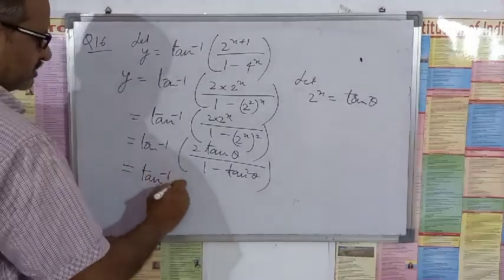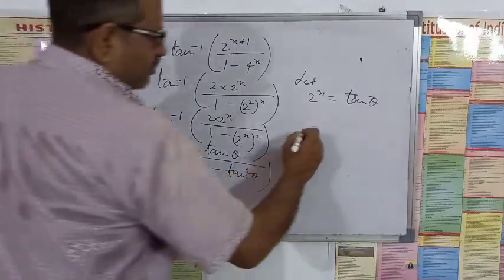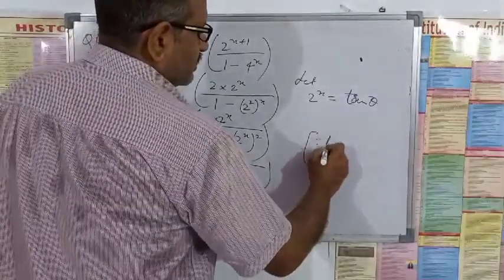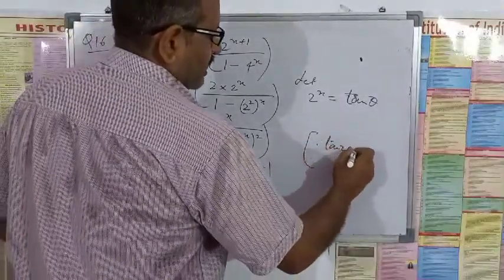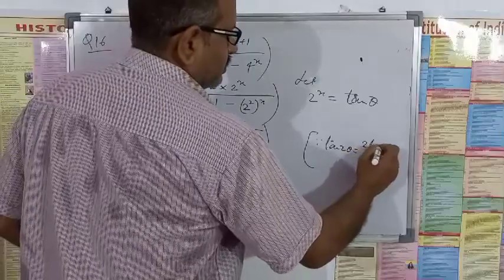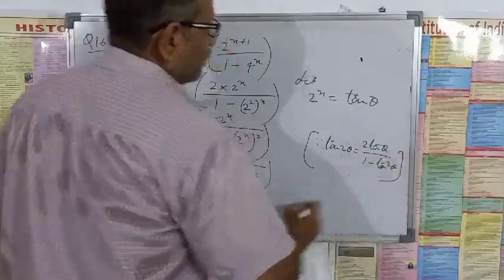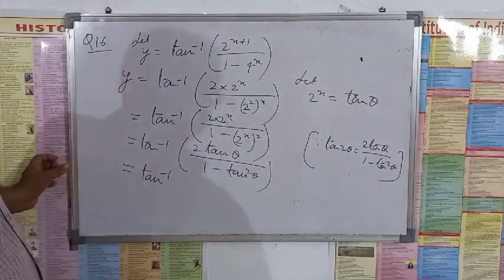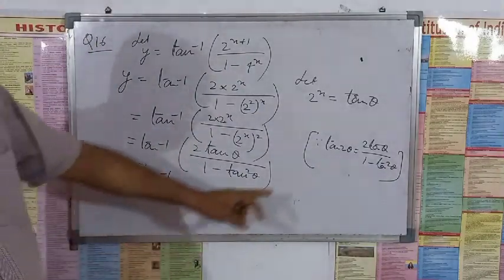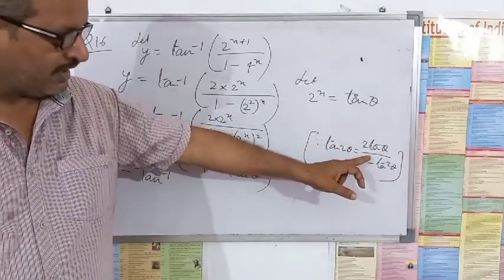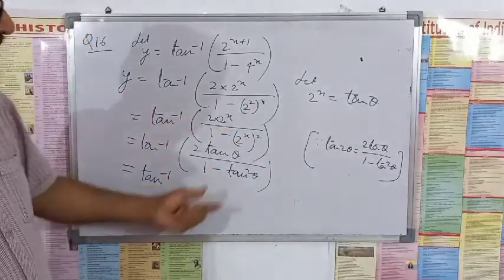So tan inverse, we know that the formula of tan 2 theta is 2 tan theta upon 1 minus tan square theta. Tan 2 theta formula in terms of tan is 2 tan theta upon 1 minus tan square theta.